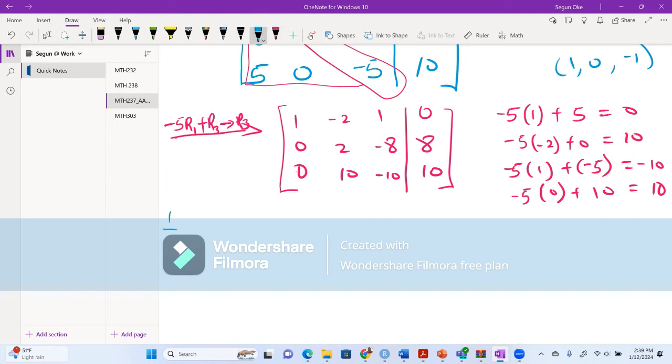By half, thank you. R2 by half will lead to the new R2. So others still remain. So you have 0. By half will give you 1. By half will give me -4. By half will give me 4. So I have 0, 10, -10, 10.